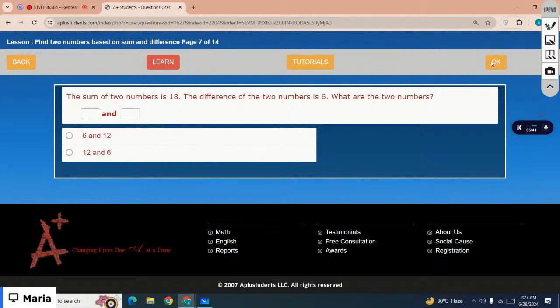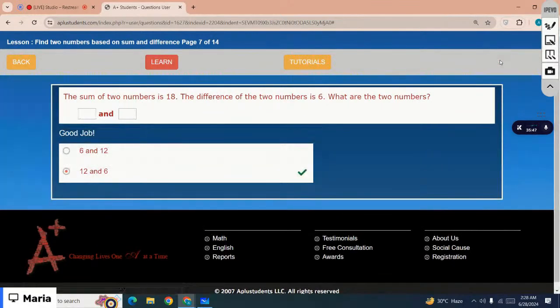Yes, they are 12 and 6. 12 plus 6 makes 18, and 12 minus 6 is 6. Option number 2 is the correct option. Very good.